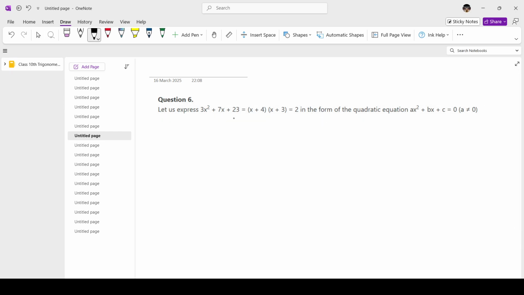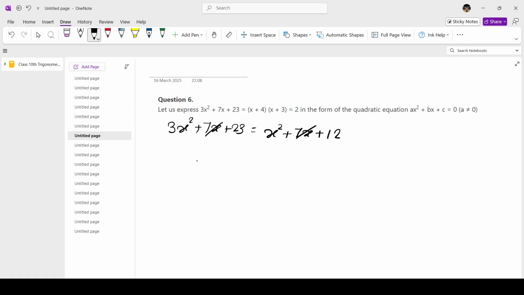Now the next one. Here the equation has been given, we have to form it into a quadratic. To simplify it, it will become x square plus 4 plus 5x plus 7.